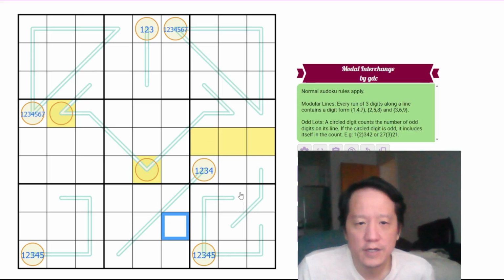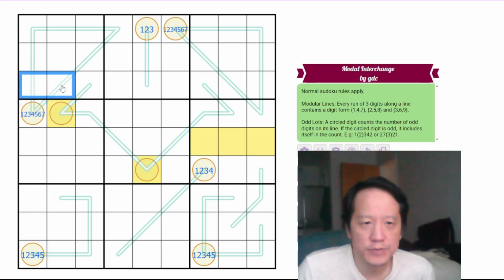Okay, and so these are modulos. Right, these are the same set. We'll start coloring them in the same sets.